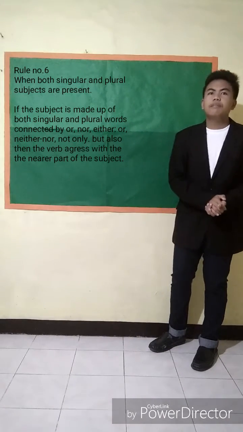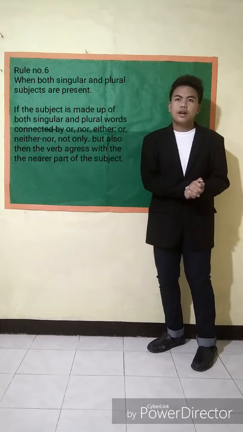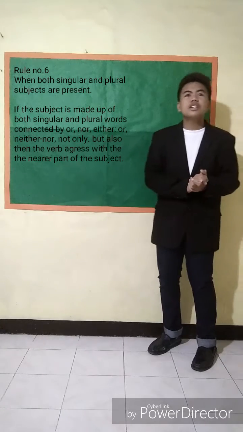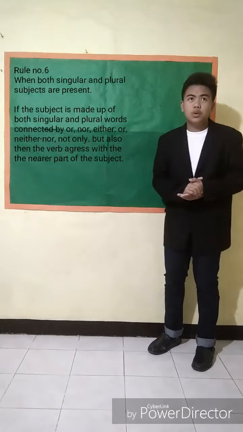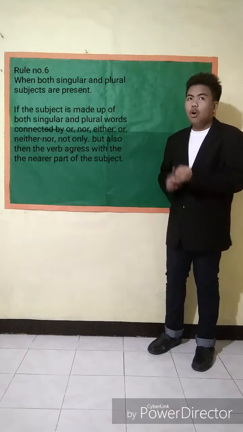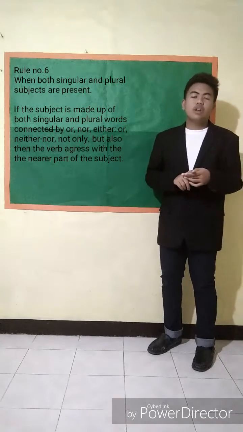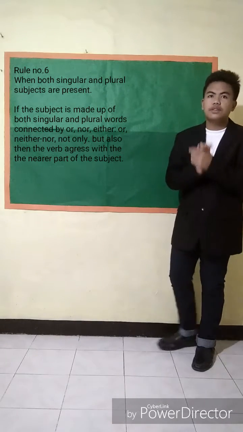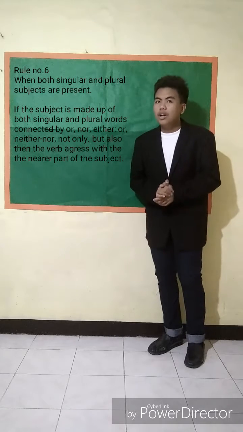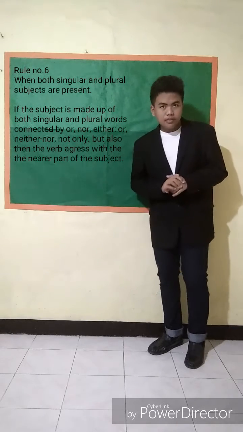Rule number 6, when both singular and plural subjects are present. If the subject is made up of both singular and plural words connected by or, nor, either, nor, not only, but also, then the verb agrees with the main part of the subject.